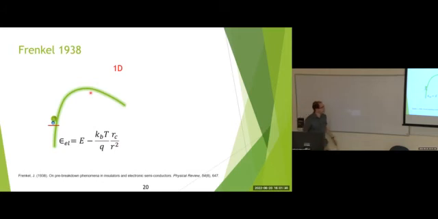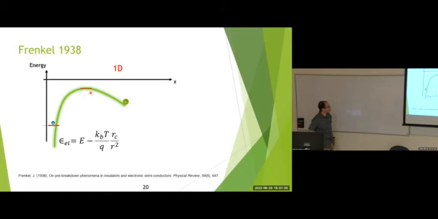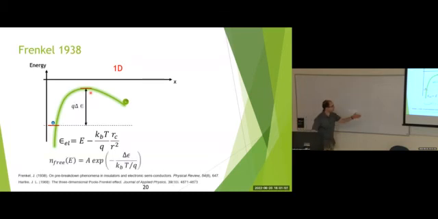He said that the probability for this electron to detrap or dissociate is basically proportional to the exponent of minus the energy barrier here. So while Onsager used all the shape of the electric potential, Frenkel used only two points of this potential, the energy barrier.